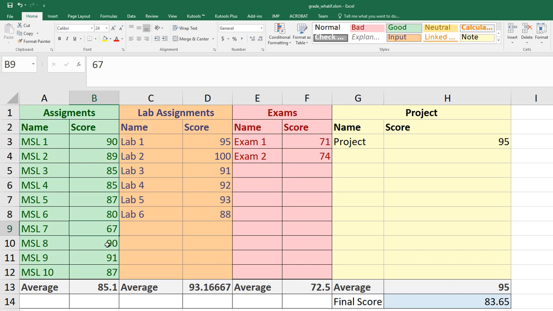Actually, that went kind of fast. So let me note that the starting grade that I had was 83.45, and then my adjusted grade after doing the calculations.